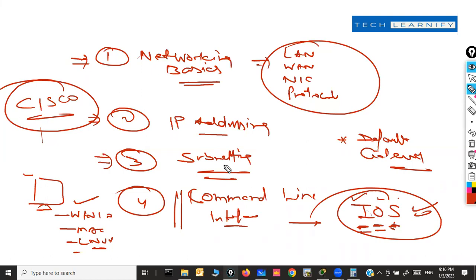And then only can I go to the main topic. And the main topic is what? Routing. But I cannot jump directly to IP routing, because IP routing is about communicating between different networks or subnets.